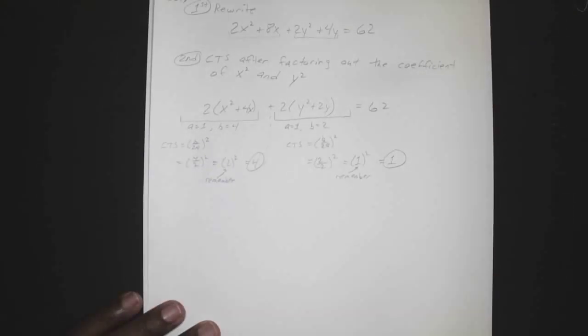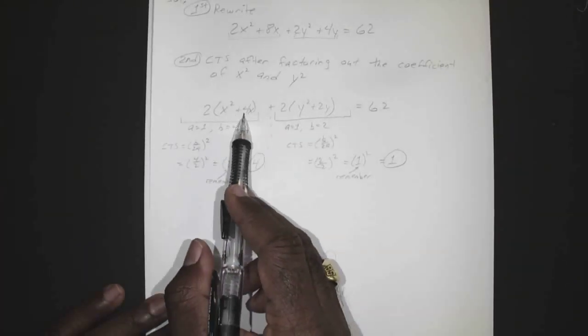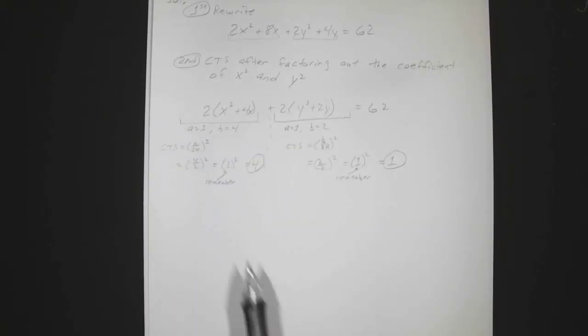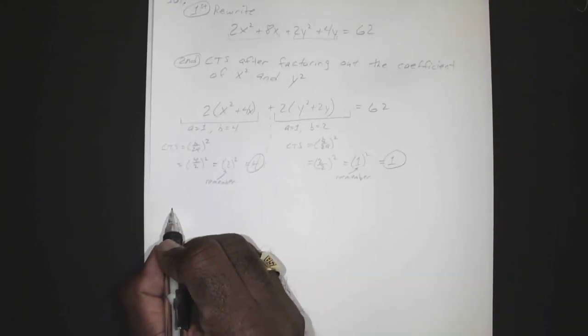Now for your third step, you want to be careful, because once we complete the square, you'll see you can't just add those two to both sides. And I'll show you why.